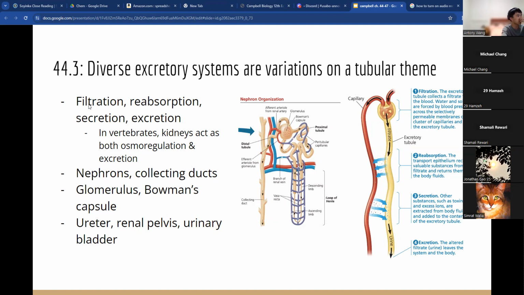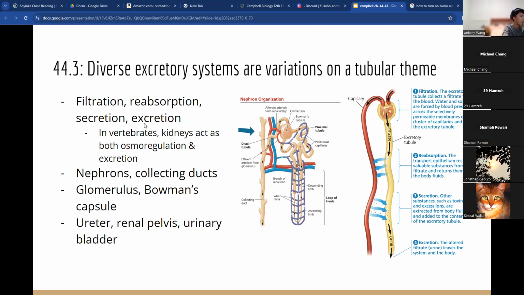So the first is to filter your blood to get rid of things you don't want, right? That happens when solutes are pushed into the nephron itself. Reabsorption, secretion. So reabsorption, you're taking back things that you don't want to pee out. Secretion, you're putting things in your pee that you want to get rid of, right? So you reabsorb good things, you secrete wastes.